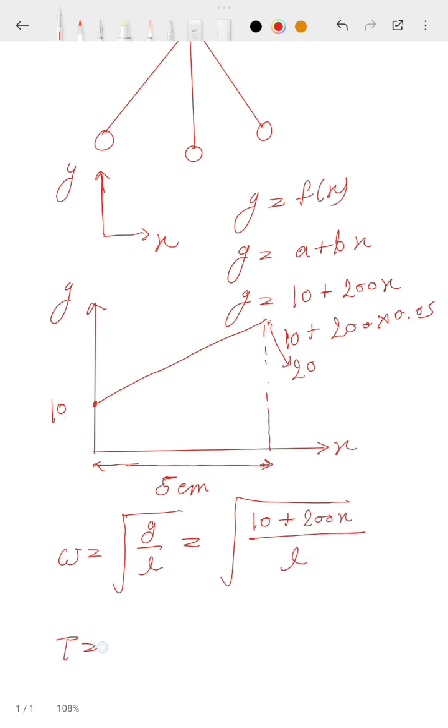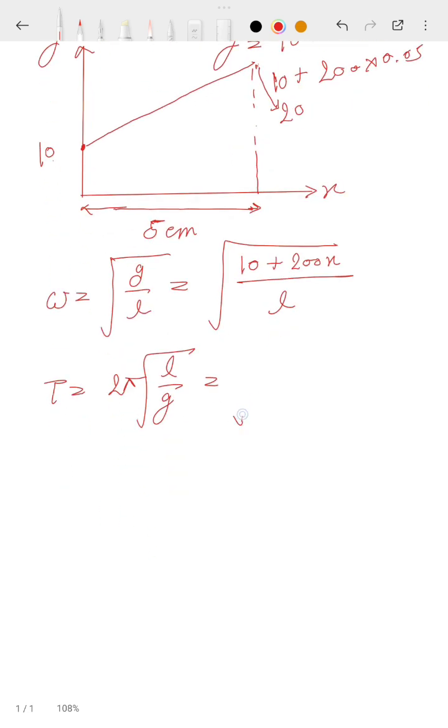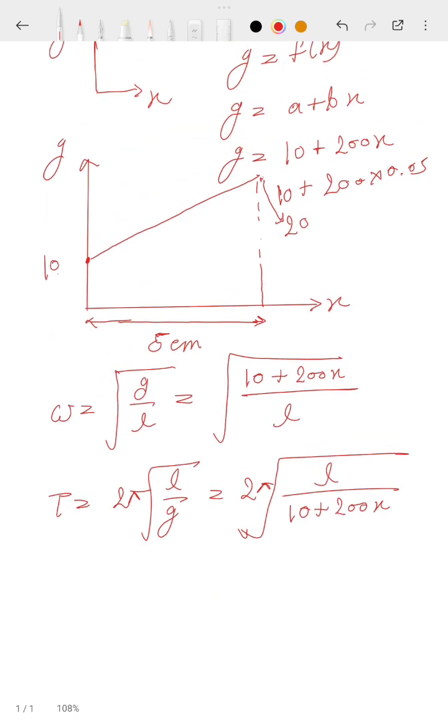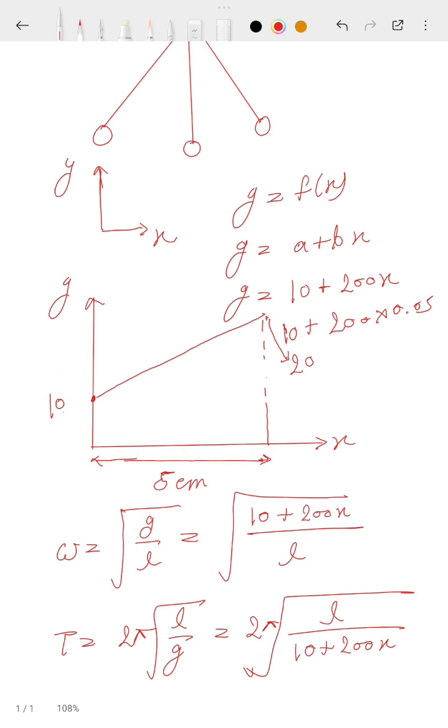And time period will also vary, like 2 pi square root of L upon g, where g we can write 10 plus 200x. So it's very interesting to see the result that omega is continuously increasing from left side to right side.